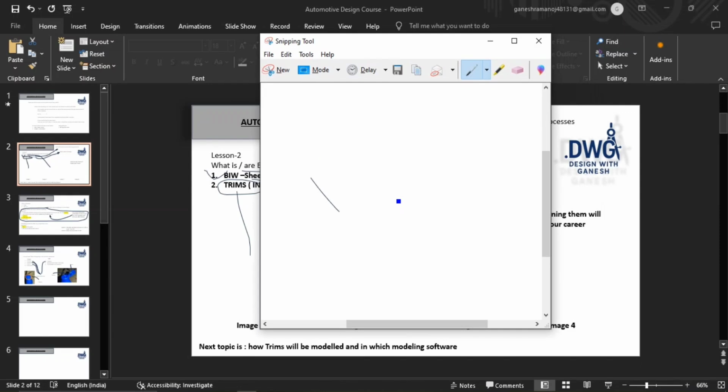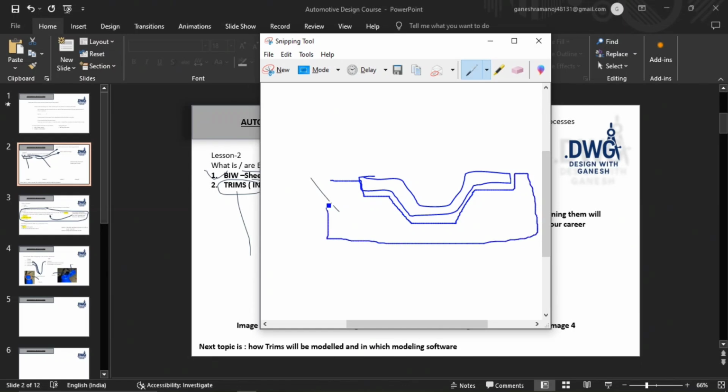For example, you need to have a part like this. Imagine it is a plastic part. In the injection molding process, you will have a die which has the geometry of the same part.